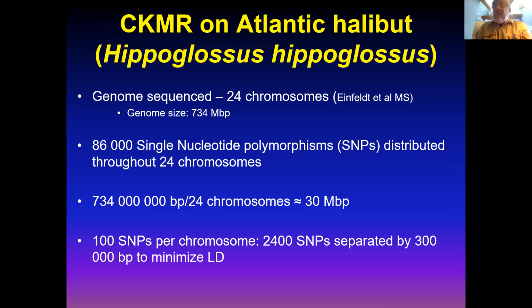If we assume that all chromosomes are roughly the same size, about 30 megabase pairs each, and we choose to use 100 SNPs per chromosome, we end up with a battery of markers consisting of 2,400 SNPs distributed throughout the chromosomes and separated from each other by 300,000 base pairs, which is important so as to be able to assure that these markers are independent of each other.